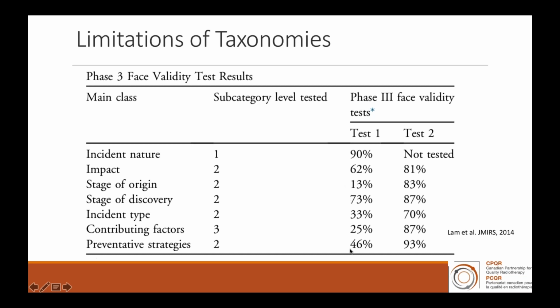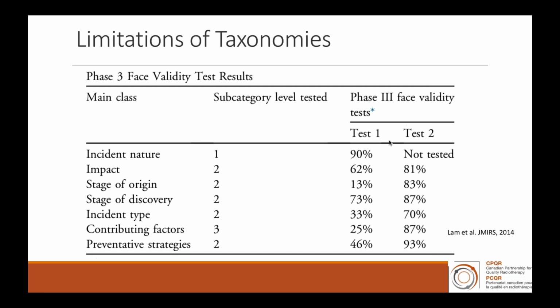The hypothesis is that the experts perhaps had a different understanding of what these classifications of the taxonomies actually meant. So they met together and went through the taxonomy elements until it was clear in their heads what each element meant.